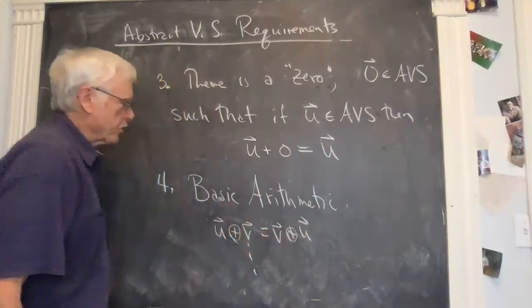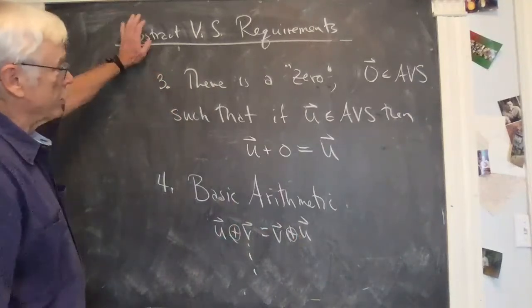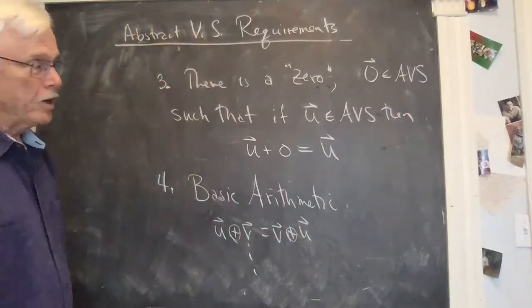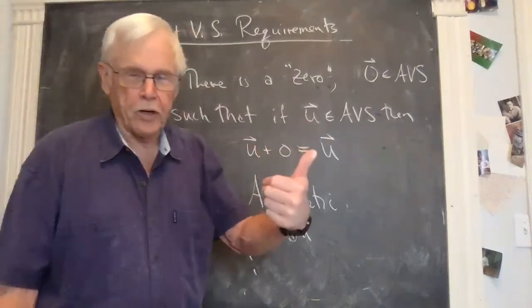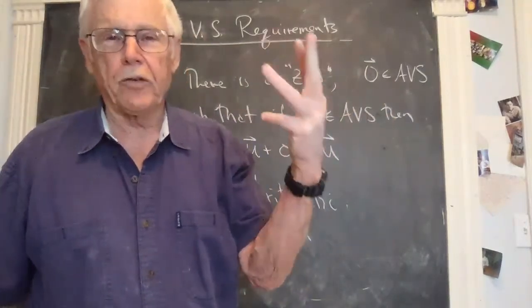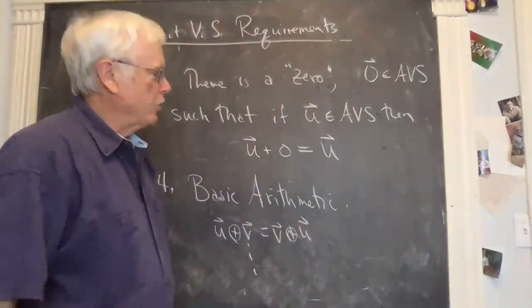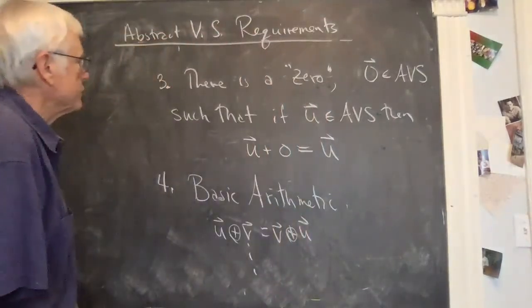And there are others. But what I would like you to be able to say is, if I ask you what is the definition of an abstract vector space, you will say it's closed under addition, closed under scalar multiplication, has a zero element, and satisfies basic arithmetic. So those 4 things.